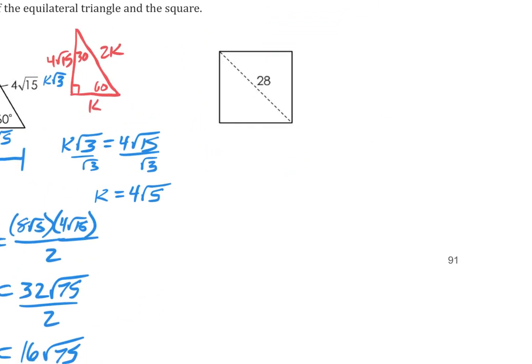Okay, this one over here. We have a square. Now this one we got to be a little bit careful on, okay? We're going to throw you a little bit of a curveball here. If we have a square, if I were to draw, and it doesn't matter which triangle I draw, what would be the measure of these two angles right here?